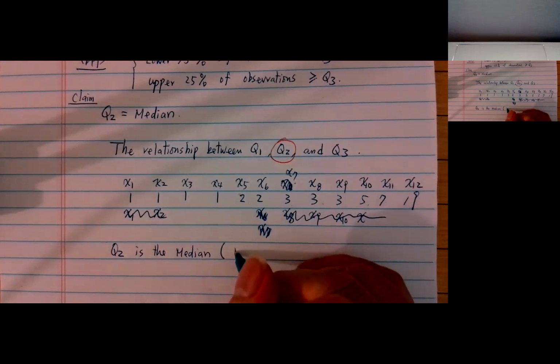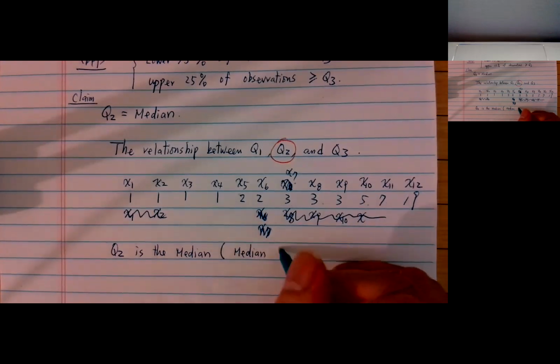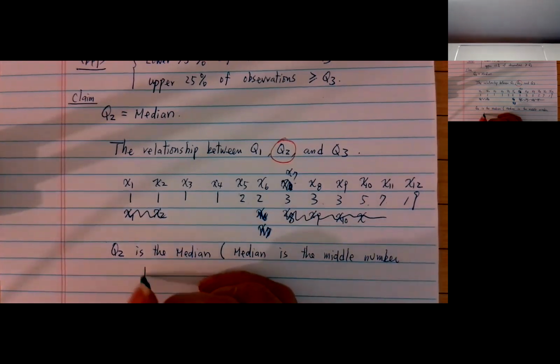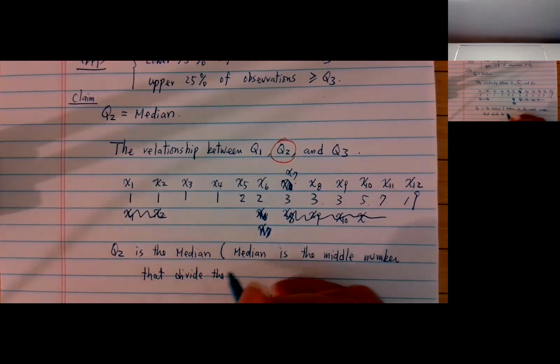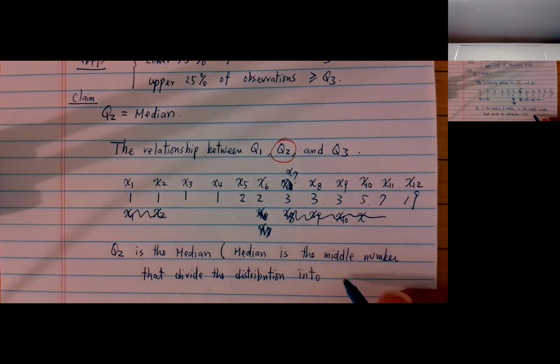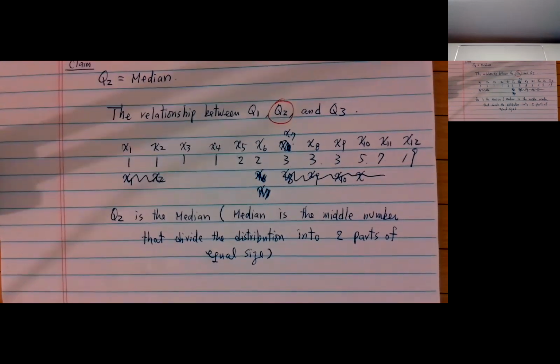What is the median? The median is the middle number that divides the distribution into two parts of equal size.